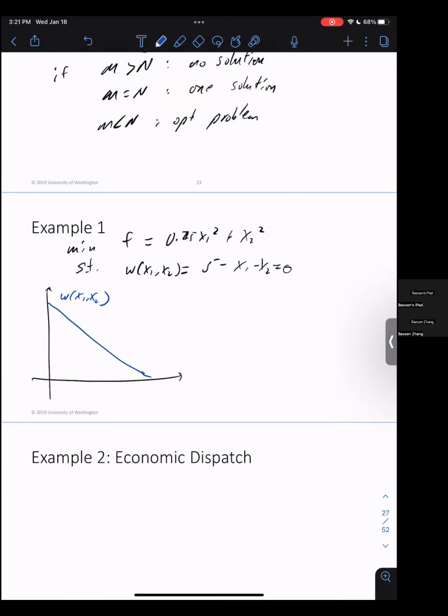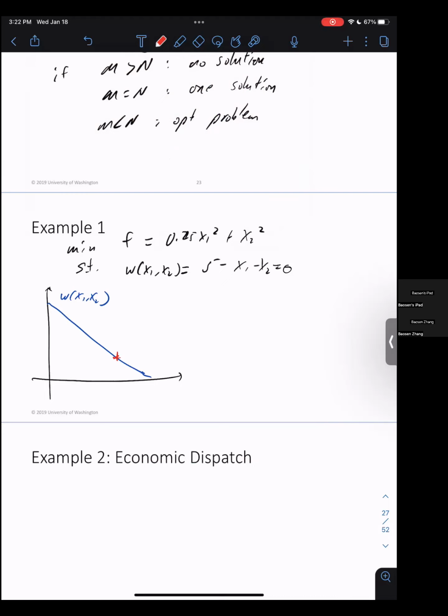You can solve it in various ways. Let's say you figure out this is your minimum. But geometrically, constraints mean that instead of optimizing over a two-dimensional space, now you're optimizing over a one-dimensional space, the constraint being a lower dimensional space.